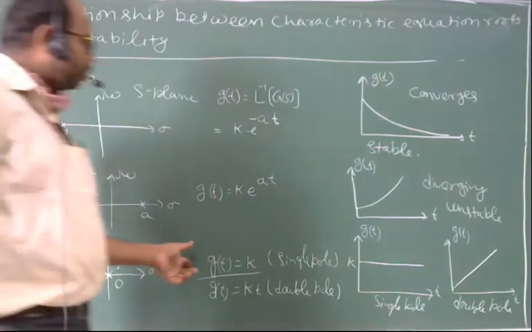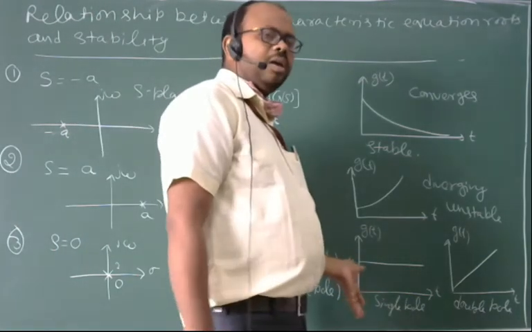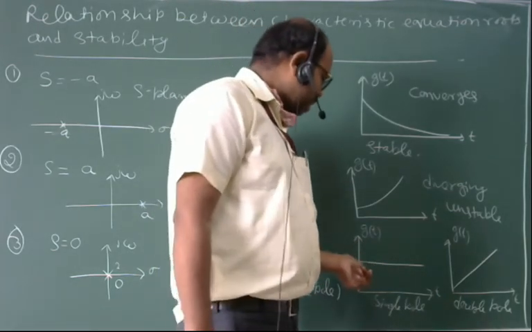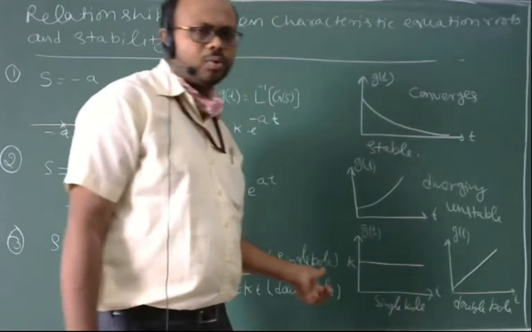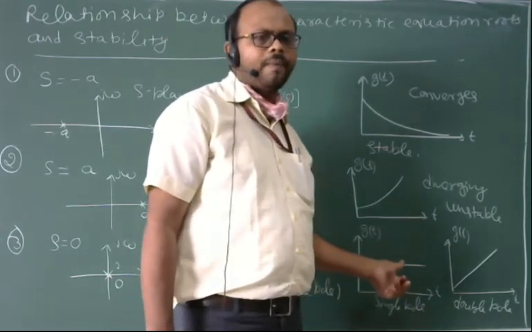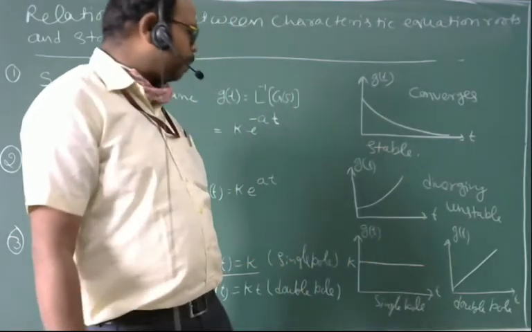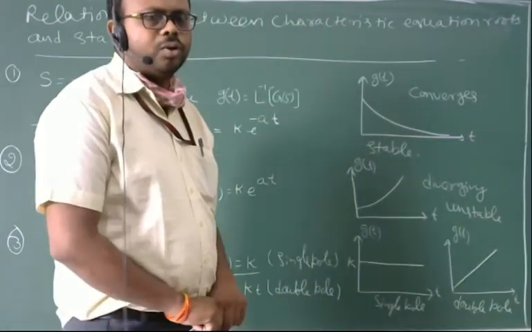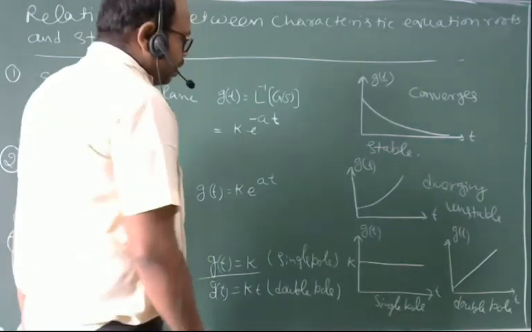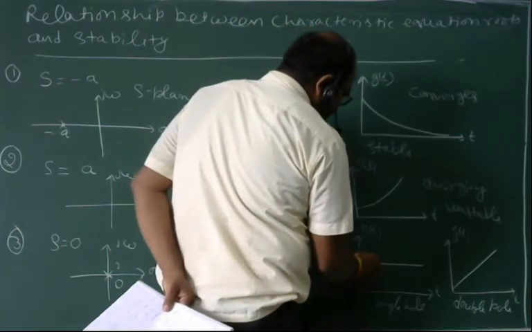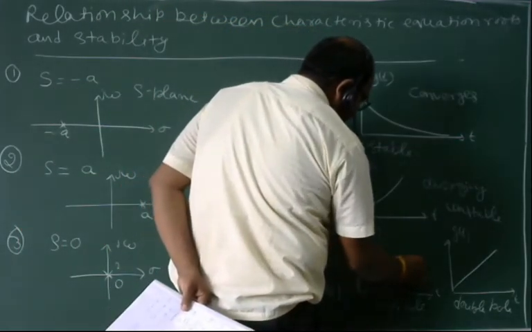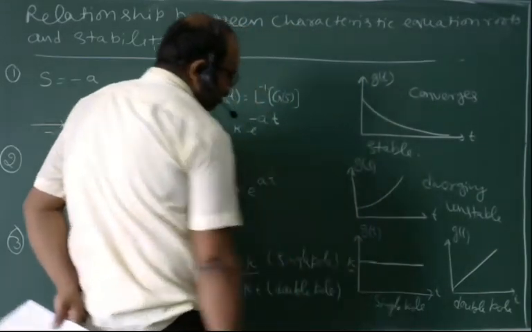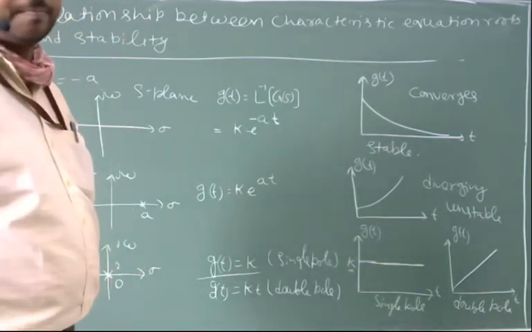If I plot g(t) equal to K with respect to t, then I find this graph which is constant at K, and for double pole I find this graph. So this graph is confined on K, centered on K.